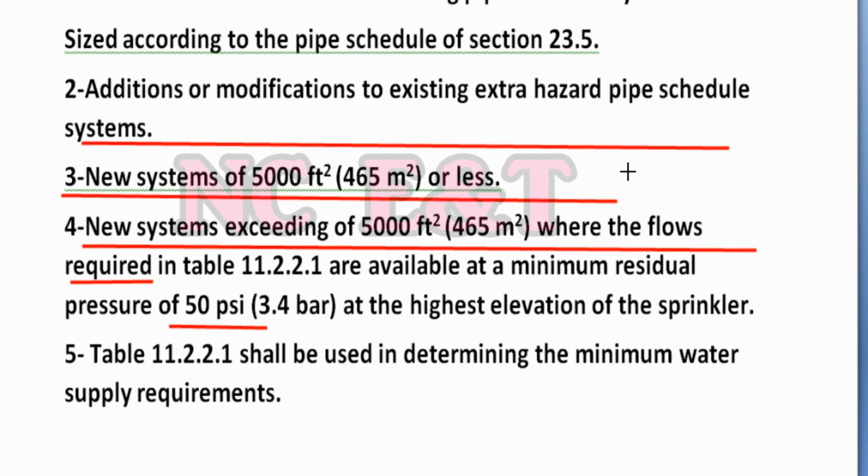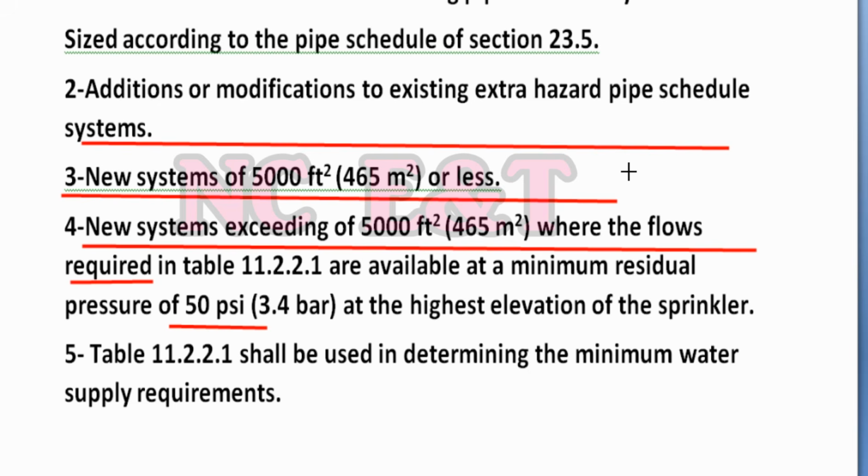So as I informed you before, if we go beyond 5000 square feet area and we need to use the pipe schedule method, it is not easy, it becomes difficult. So it is advised to use hydraulic calculation. But the calculation for pipe schedule method is easy and it can be done manually.